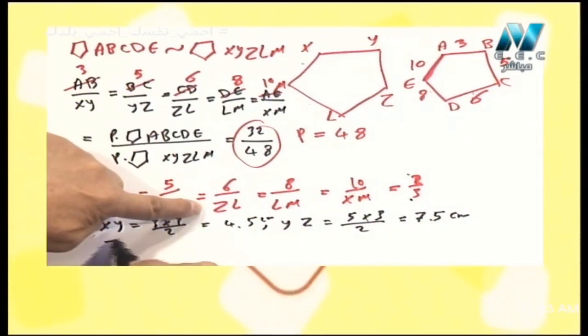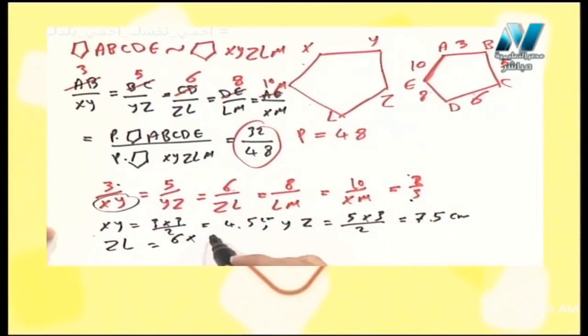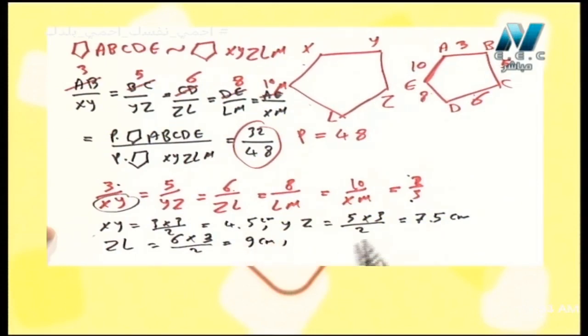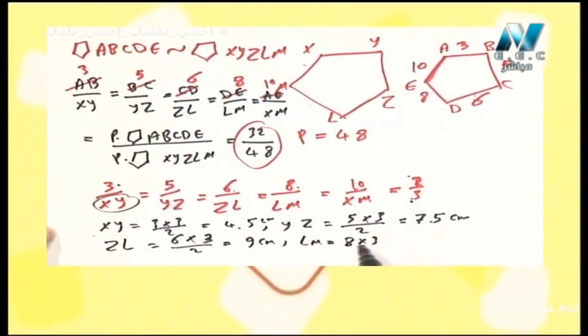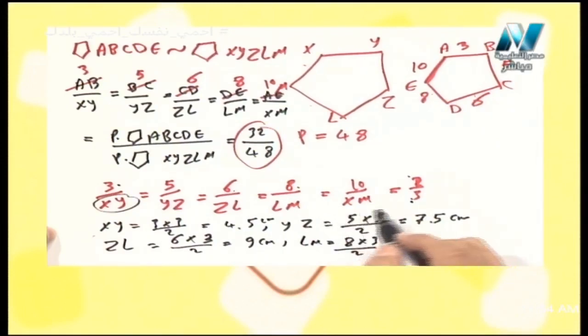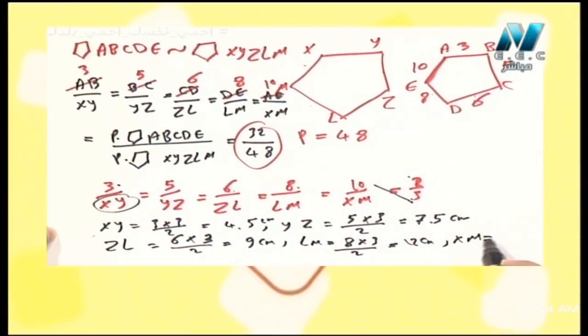To find ZL, also 6 times 3 over 2 equals 9. To find LM, 8 times 3 over 2 equals 12. And to find XM, as we said, 10 times 3 over 2 equals 15 centimeters.